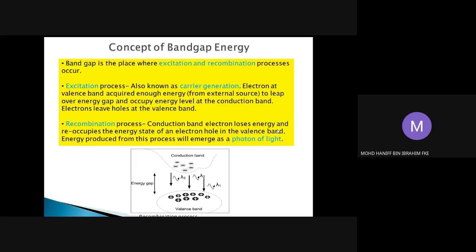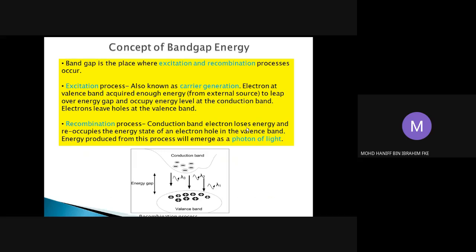In this process of excitation, the electron at the valence band is provided with energy from an external source, and this energy is used by the electron to move from the valence band to the conduction band. This is what we call the excitation process, or carrier generation.